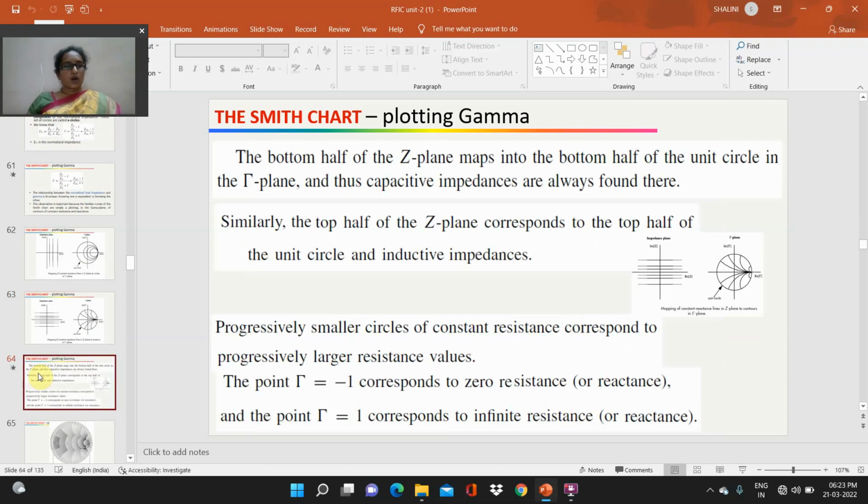The bottom half of the Z-plane maps into the bottom half of the unit circle in the gamma plane, and thus capacitive impedances are always found here. Similarly, the top half of the Z-plane corresponds to the top half of the unit circle, and inductive impedances are found there.